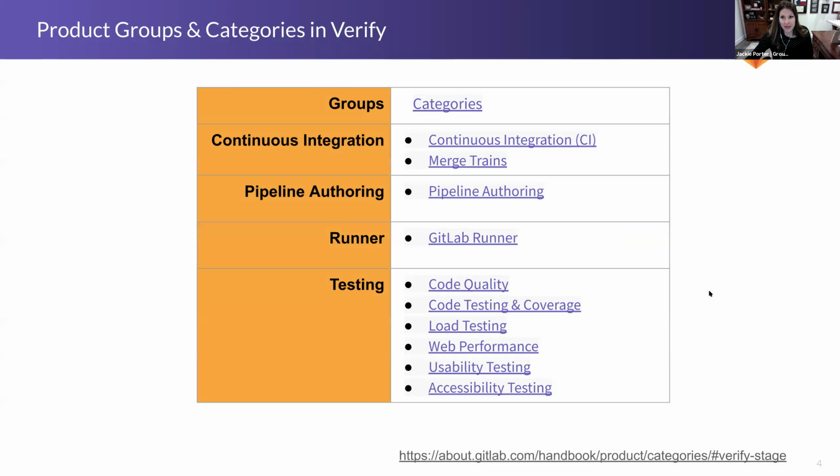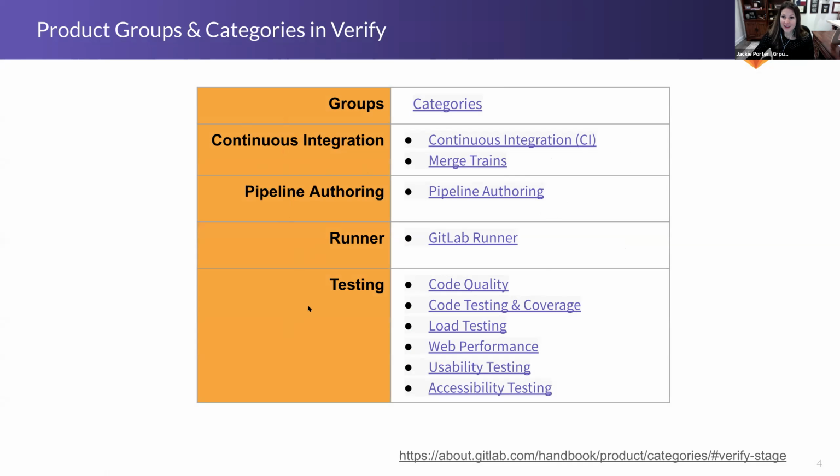So to dive on in, it's composed of the continuous integration team, which is made up of the continuous integration and merge trains categories, the pipeline authoring group, which is made up of the pipeline authoring category. We also have the runner group, which is composed of the GitLab runner category.